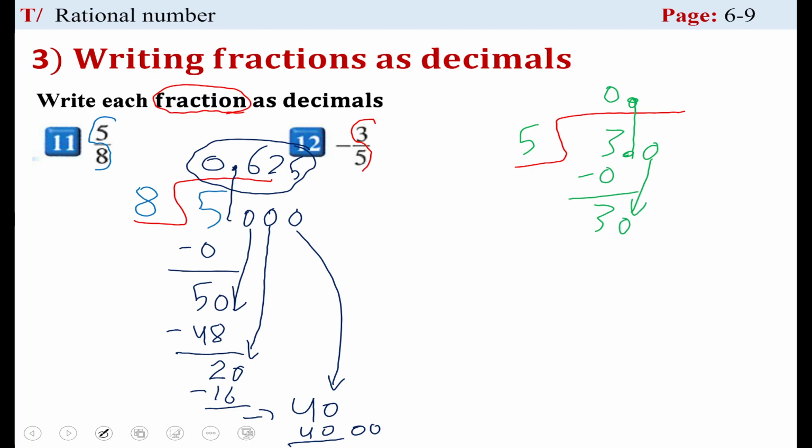How many 5 in 30? 6. 6 times 5, 30. So 0, 0. So the answer of this question is going to be negative 0.6. Why? Because we have negative in here.